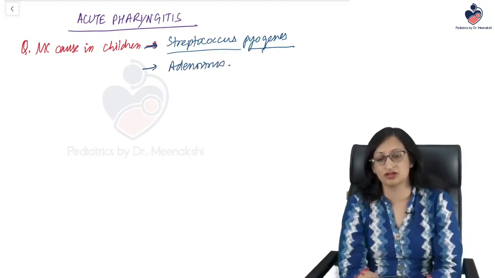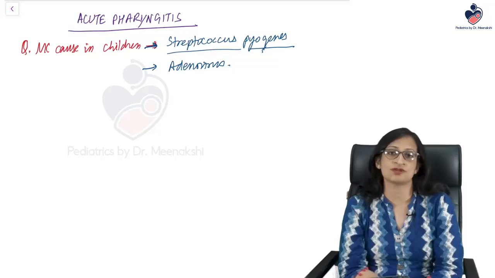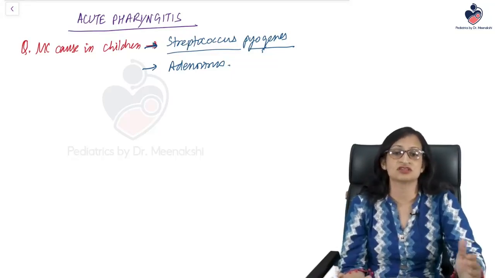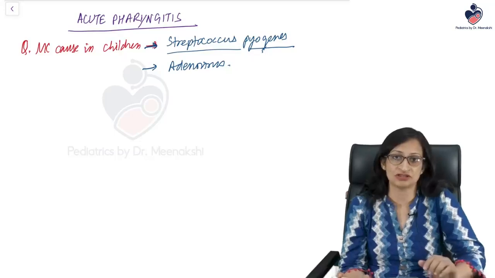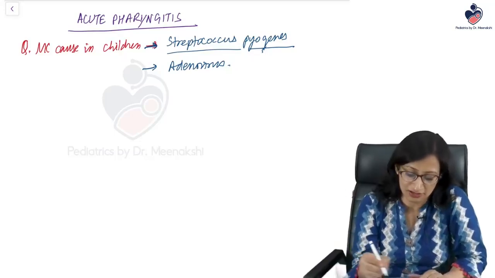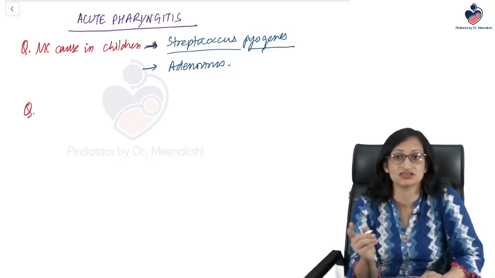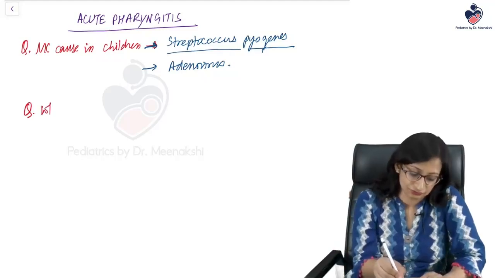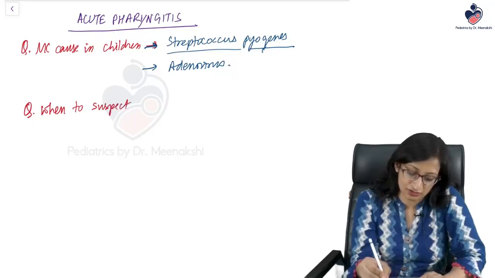Okay. Now, because pharyngitis can be caused by both bacteria and viruses, we need to know in which situation we should suspect bacterial or streptococcal pharyngitis, because it has important treatment implications, as we will see. So, when to suspect streptococcal pharyngitis?